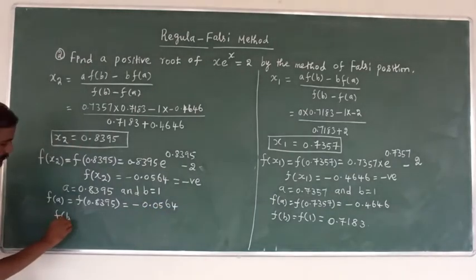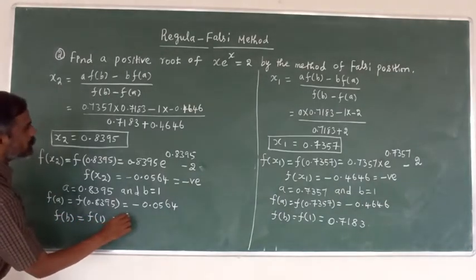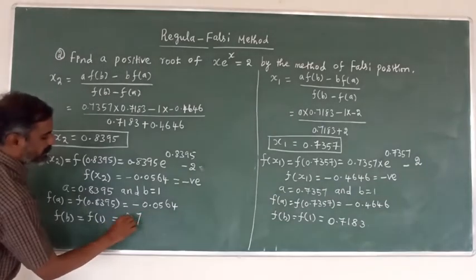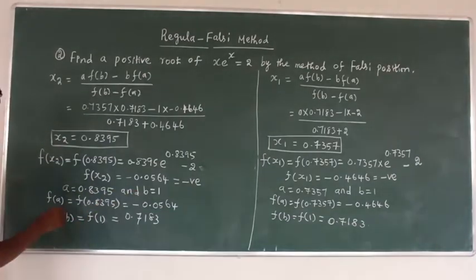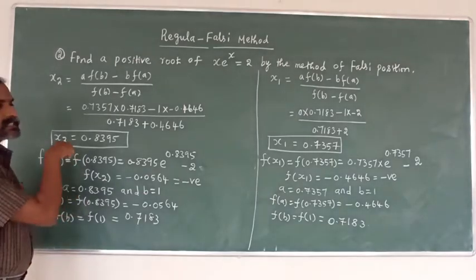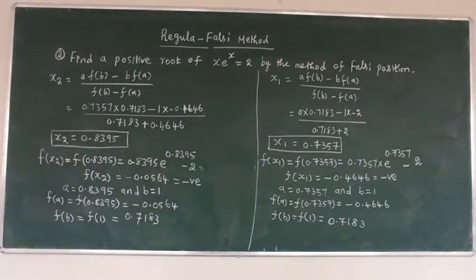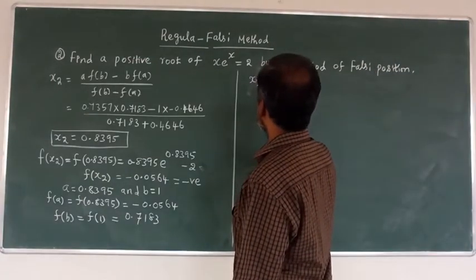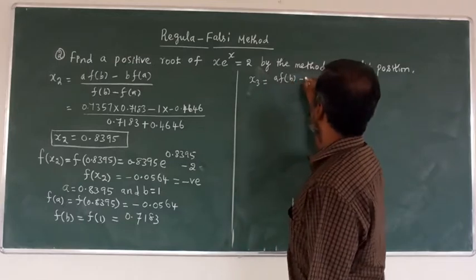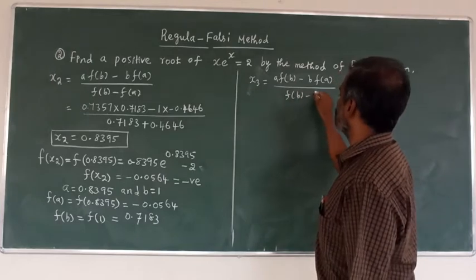Next, f(b) is f(1), which we already got as 0.7183. Substitute the a value, b value, f(a) and f(b) in the next iteration, x3. Next, x3 iteration: (a f(b) - b f(a)) / (f(b) - f(a)).